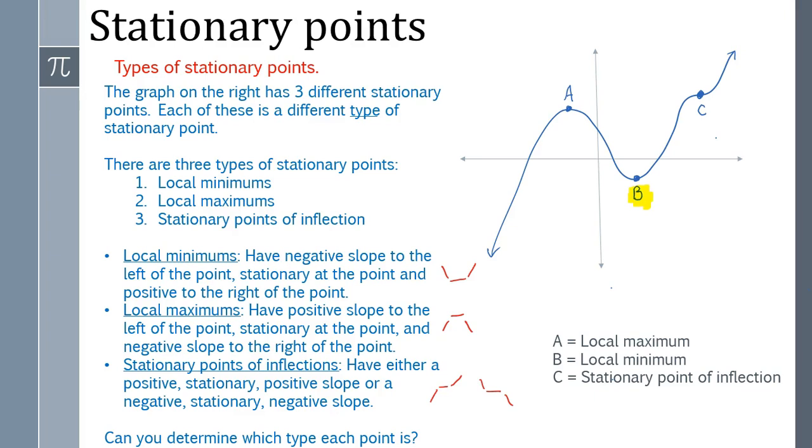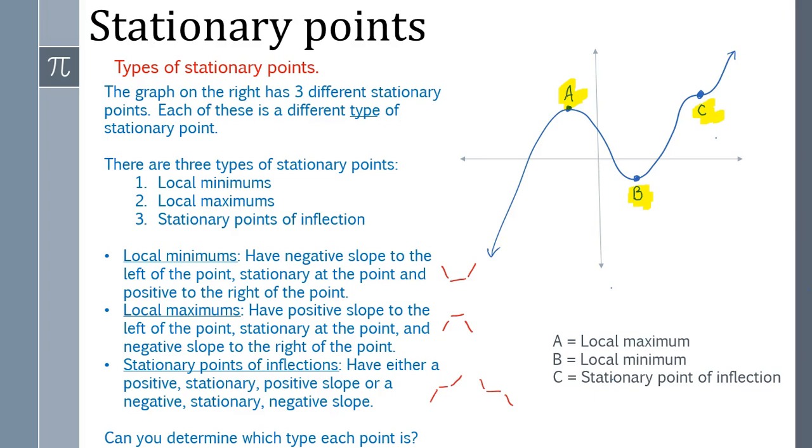Negative, flat, positive. A maximum goes positive, flat, negative, okay? Just like in the graph. So there's a picture there. A would be a local maximum. A stationary point of inflection, they go up, flat, up, or down, flat, down. Okay, they don't change direction at all. So C would be a stationary point of inflection.